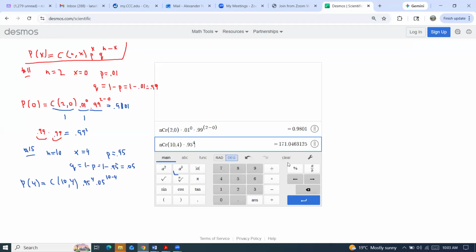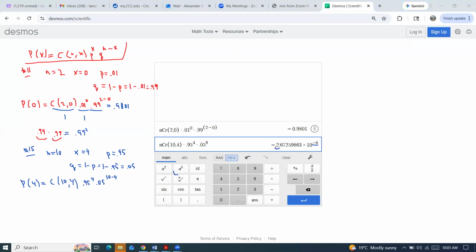And then bring this down again. You say, Alex, it's already calculated. No, not yet. We need to finish. 0.05, finish, enter. And I raise this to the power of 10 minus 4. I can say 6. So here is the chance. Here's the low probability, right? A power of -6 means I need to move my decimal 6 places to the left.